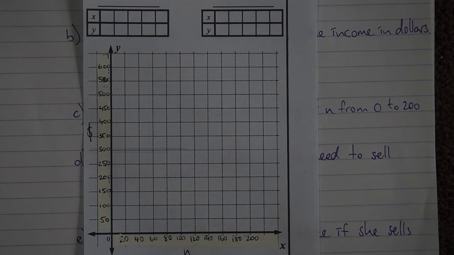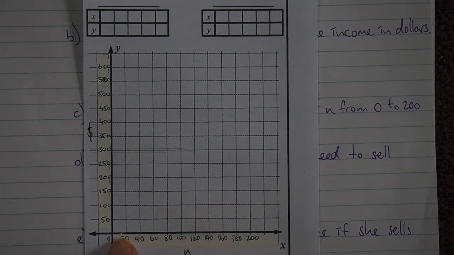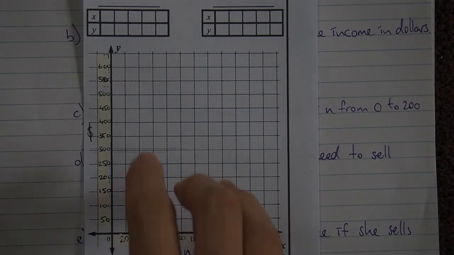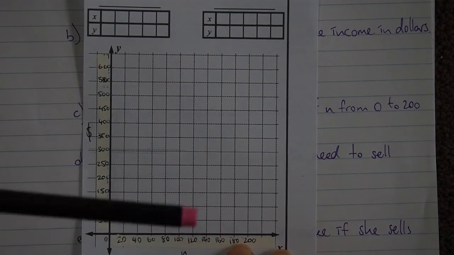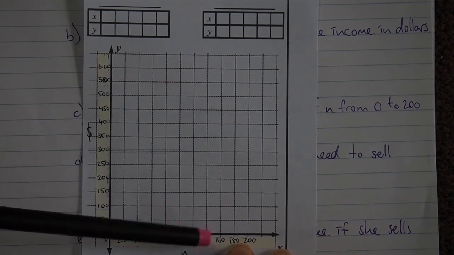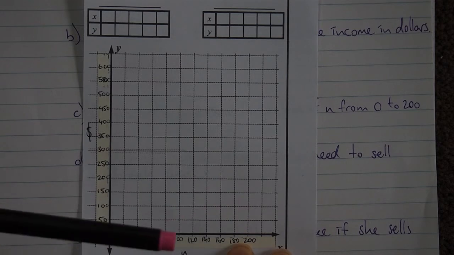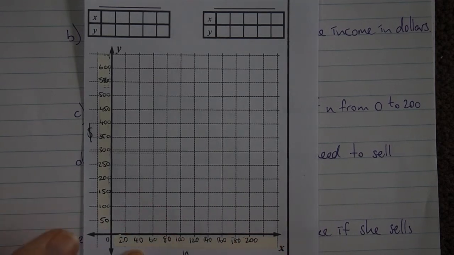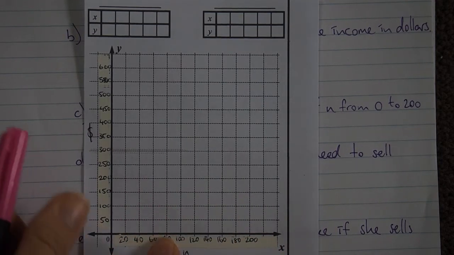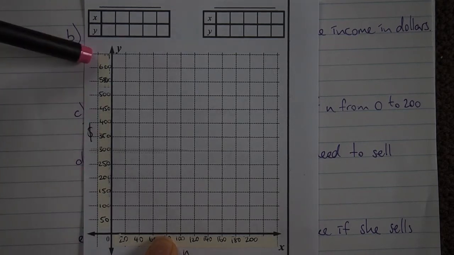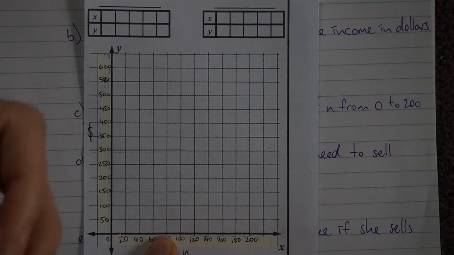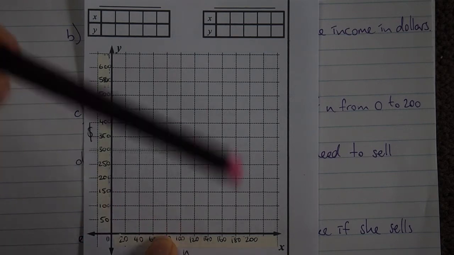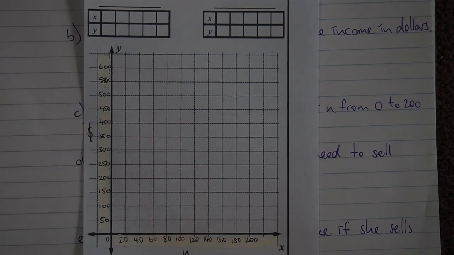Super important that you have your scale even on the horizontal axis. Your scale also has to be even on the vertical axis. The scale, though, does not have to be the same on the vertical and horizontal axes. My number of scones is going up by 20s, my amount's going up by 50s. That's perfectly fine, as long as each increment is the same on the vertical axis, and they're all the same on the horizontal axis.